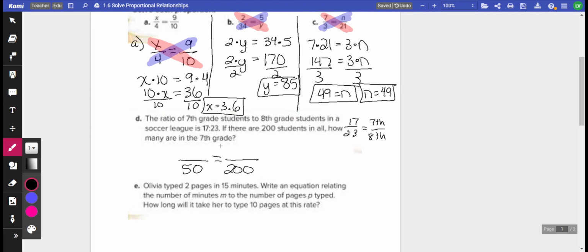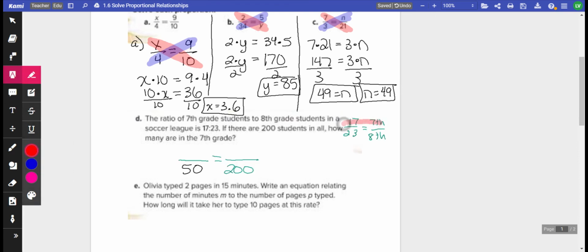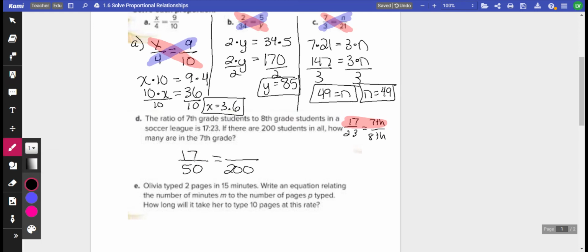Now we want to figure out how many are in 7th grade. So the information that's key for the 7th grade is this 17. So I'm going to put 17 over 40, 17 divided by 40. But I have no idea how many 7th graders are in the league in total.